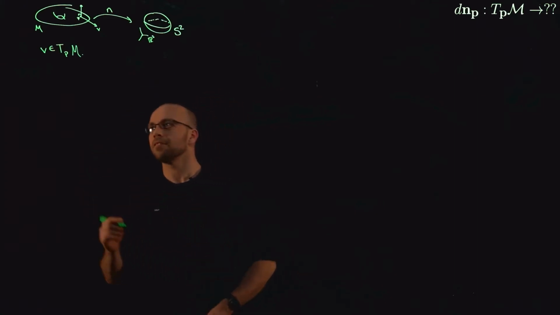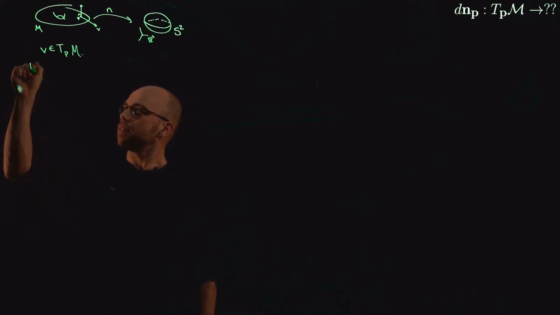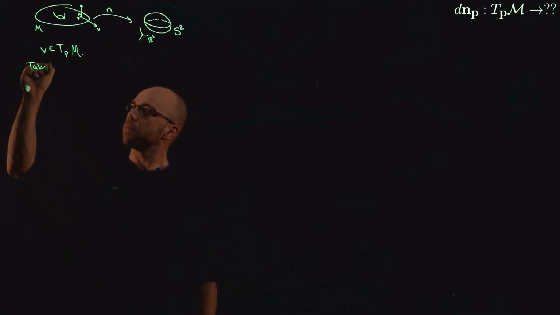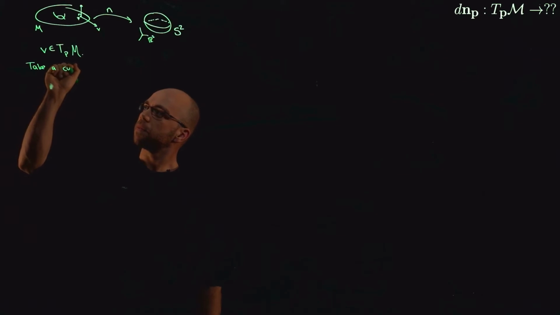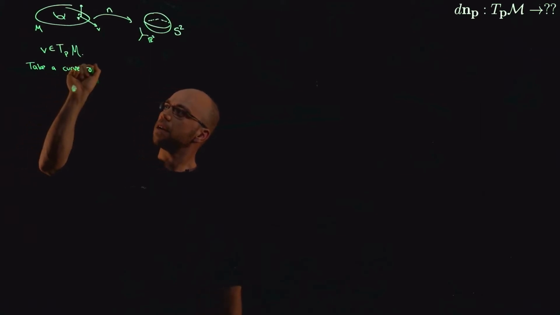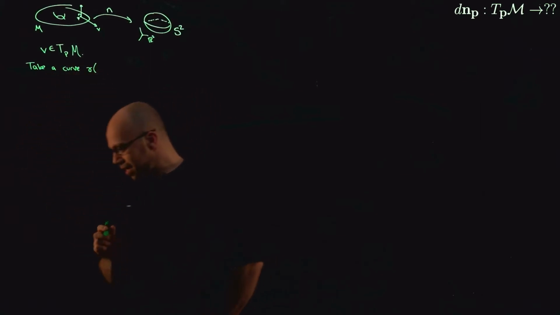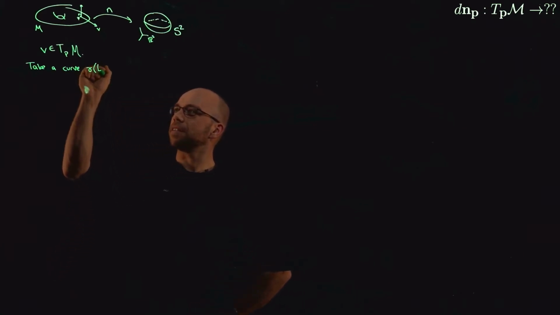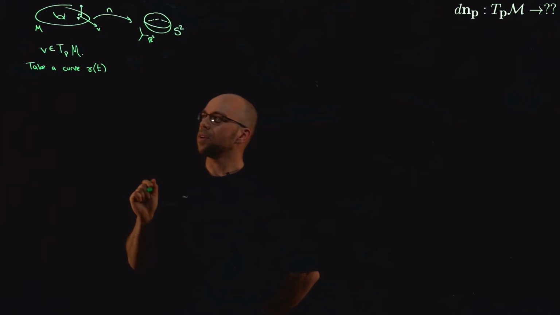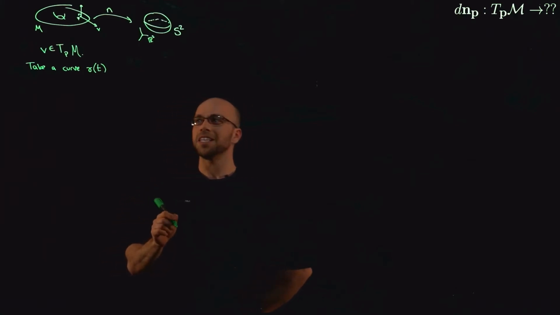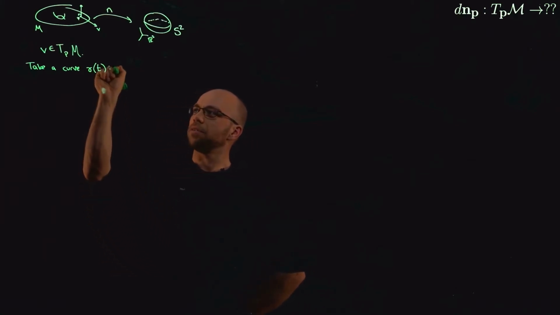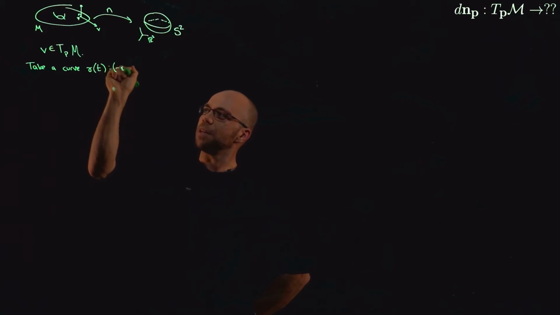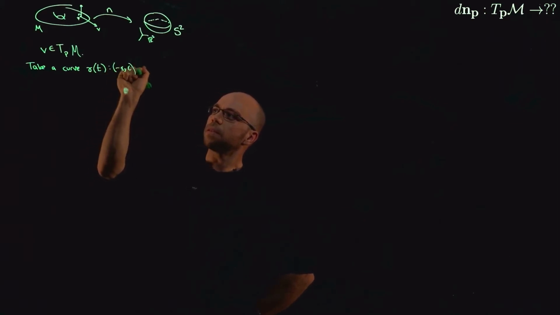In particular, we're going to take a curve gamma. I don't think we need to make it parametrized by arc length just yet. We're going to take just a general curve, gamma of t, and it doesn't have to go on forever. It can just go on for some little itty-bitty interval.